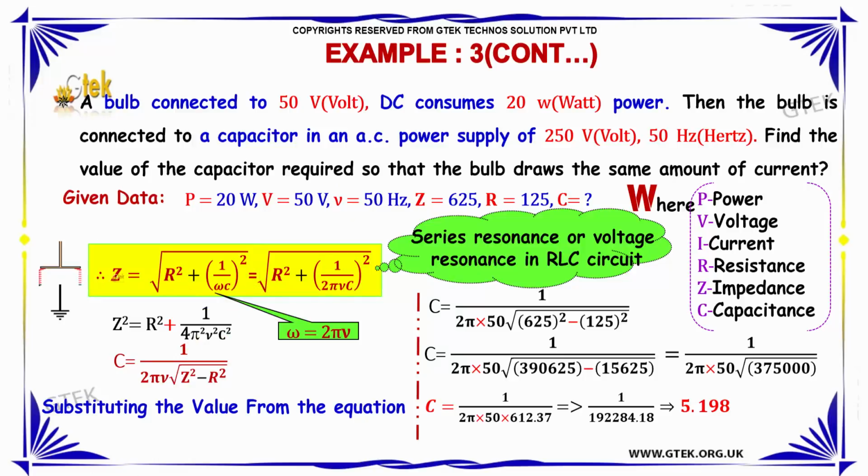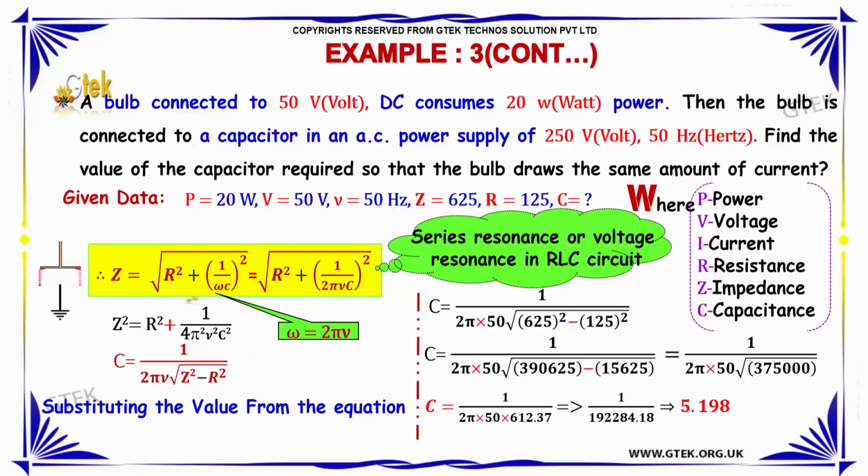So squaring this, you get Z square is equal to R square plus 1 by 4 pi square nu square C square, the root is removed. So obviously you are able to get C is equal to 1 divided by 2 pi nu root of Z square minus R square. So this is the equation.